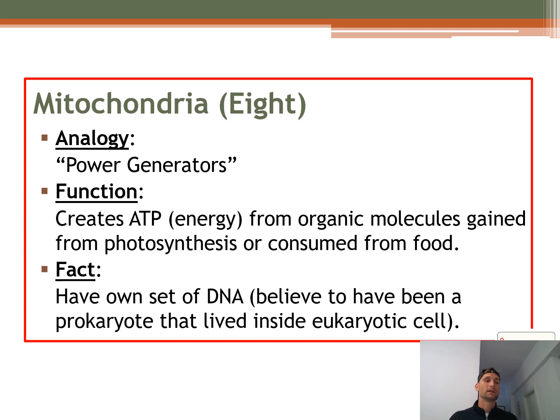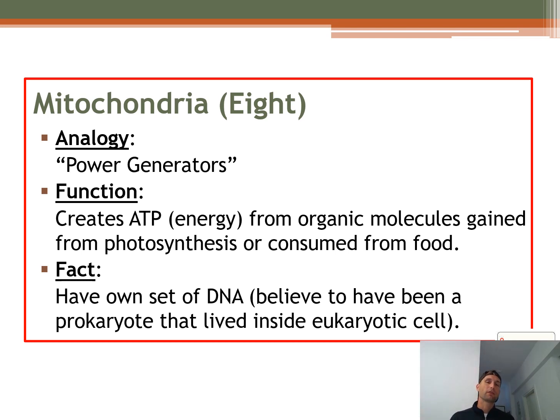The analogy for this is that these are like the power generators. And a fact for this is that mitochondria actually have their own DNA. Mitochondrial DNA is somewhere in the range of 300,000 base pairs, or 300,000 nucleotide pairs, as opposed to the 3 billion that we have in the nucleus.